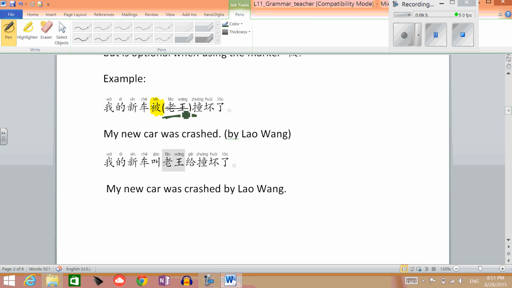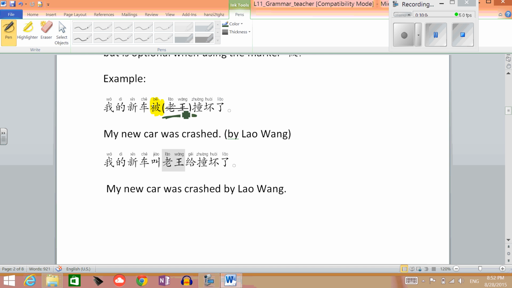So you can say 我的新车被撞坏了. Grammatically, it's correct. My new car was crashed by someone. It's not important. You're just talking about the fact it's damaged. So the subject is not required when you use 被. It's just the focus is different.